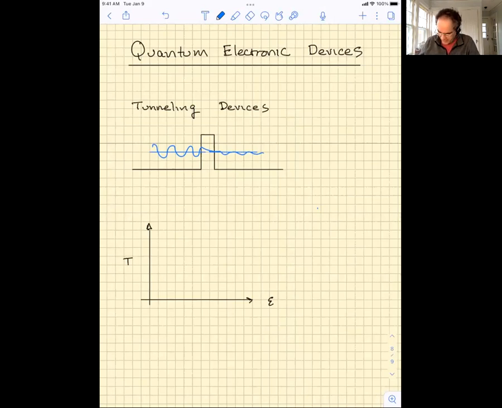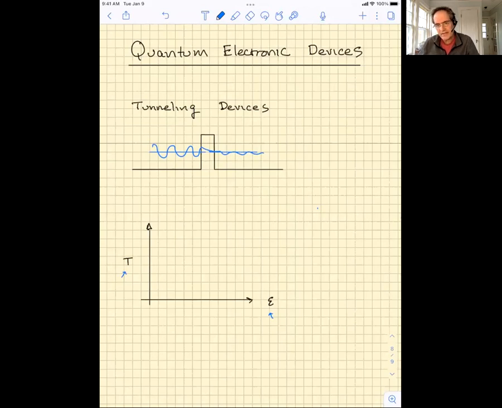So if we make a graph of the tunneling probability, T, as a function of the energy of the carriers, we'll get something like this. So we know that the tunneling probability goes exponentially with the energy difference between the energy and the height of the energy barrier.